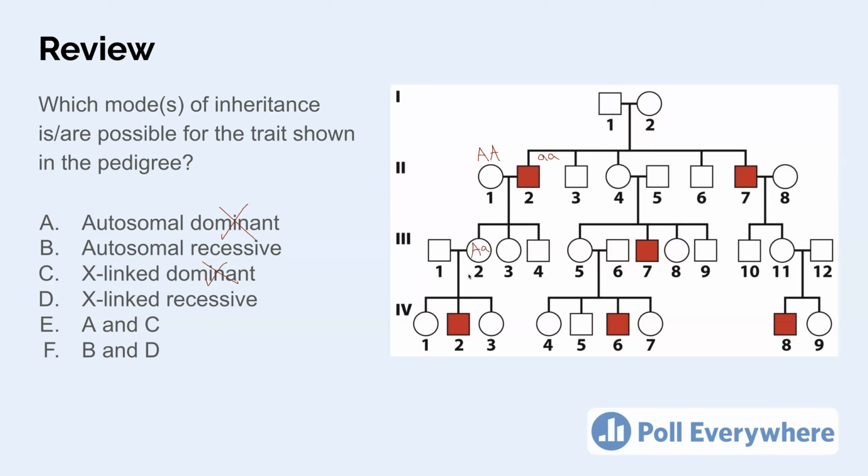So if we use that as one of our criteria, all these individuals who are coming in from outside the family, they don't bring in the little a allele, that would actually prevent this person from being homozygous recessive, right? So that wouldn't be possible here or anywhere else in the tree where people are bringing in their DNA from outside the family. I'll just mention it here.